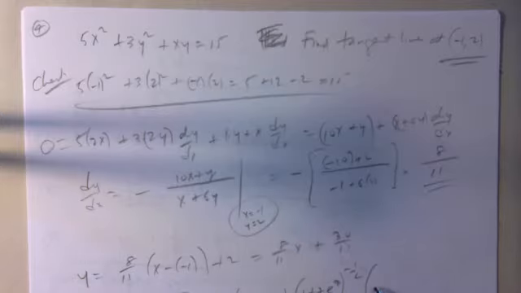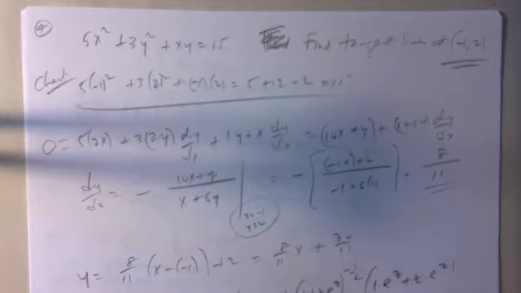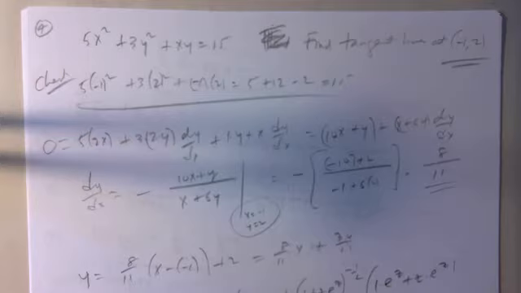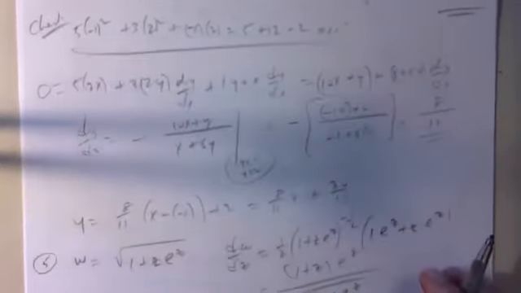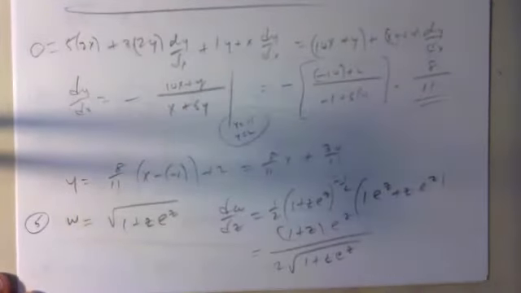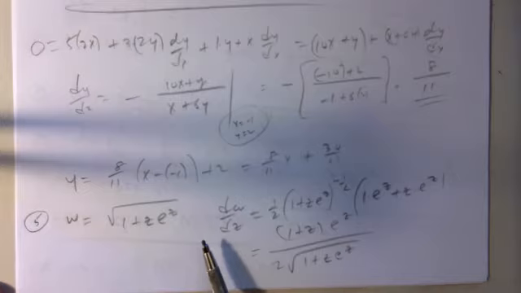Derivative of z e to the z is 1 times e to the z plus z times e to the z. So we get 1 plus z times e to the z over 2 over the square root of 1 plus z e to the z. This is the chain rule.